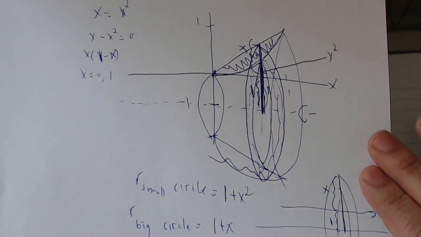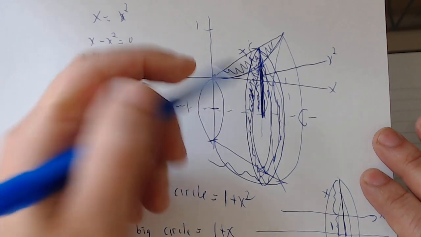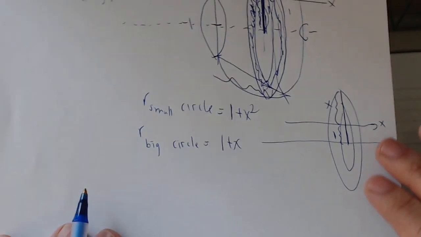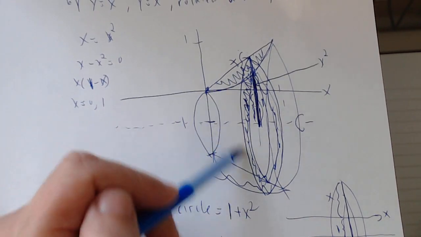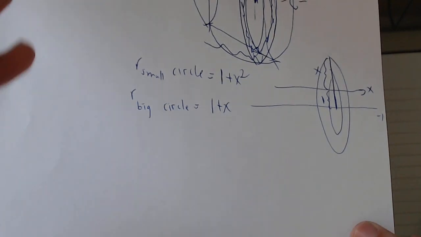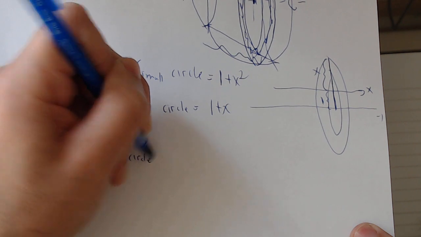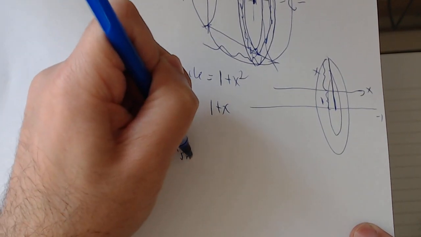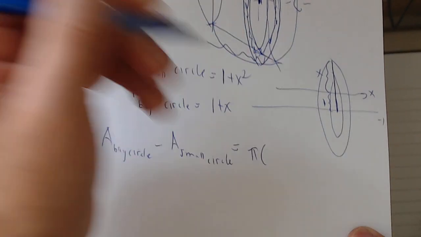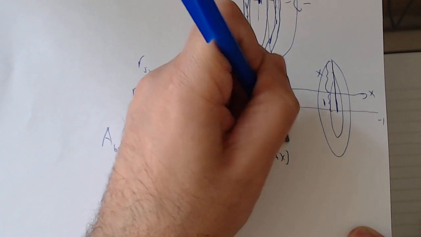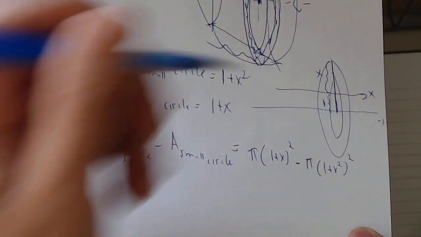So now that we have this, the area that I want, which is this region, would be the area of the big circle minus the area of the small circle. That's my cross-sectional area, by the way, which is that washer. So the area of the big circle minus the area of the small circle equals pi times (1 plus x) squared minus pi times (1 plus x squared) squared.